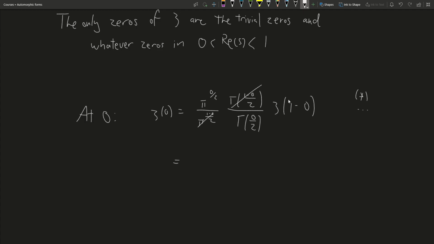And here you have a simple pole with residue 1, and there you have a pole where the gamma function has residue 1, but here you have a 1/2, so you actually get the value minus 1/2 at 0.